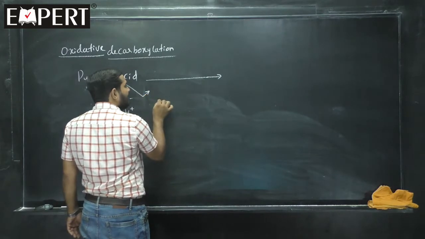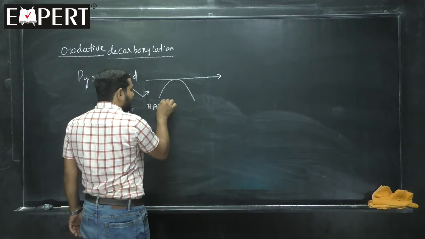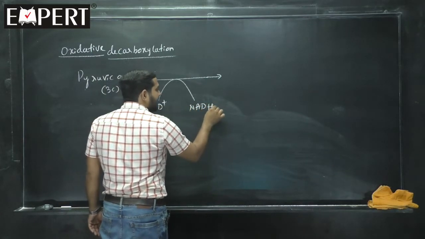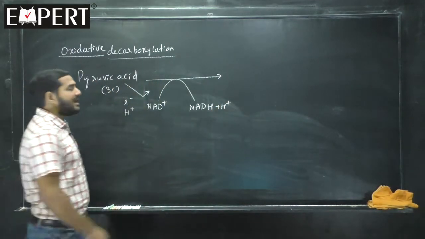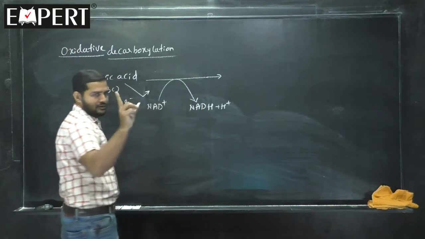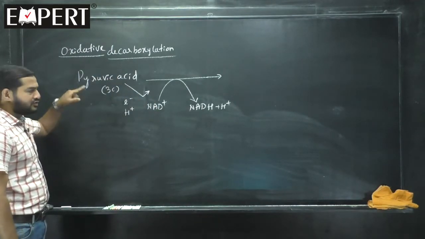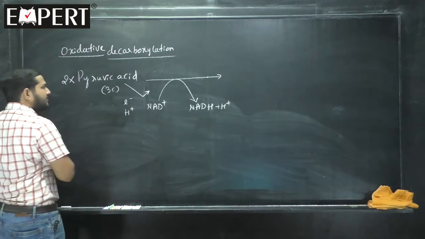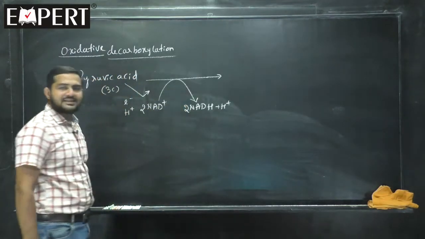So, NAD plus is going to become NADH plus H plus. How many molecules of NADH? 1 molecule for 1 pyruvic acid. Since there are 2 pyruvic acids, 2 molecules. 2 pyruvic acid means 2 NADH plus H plus is formed.